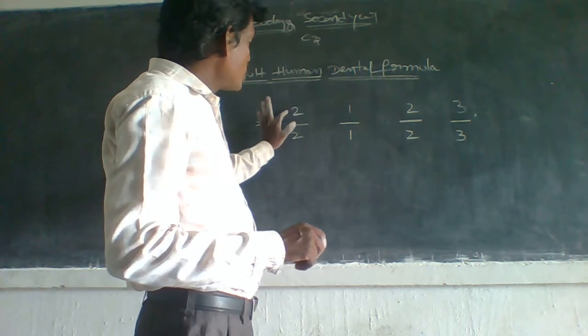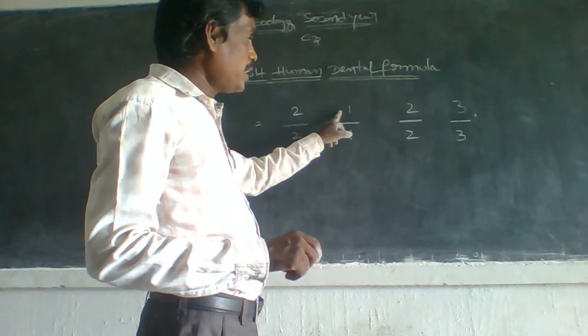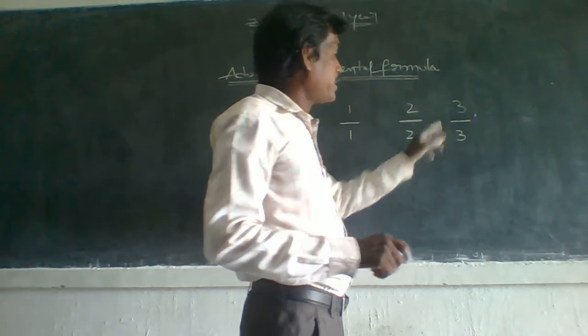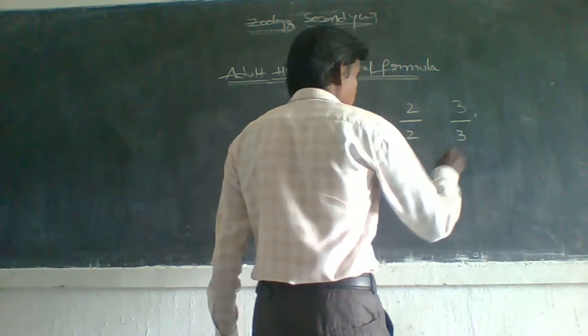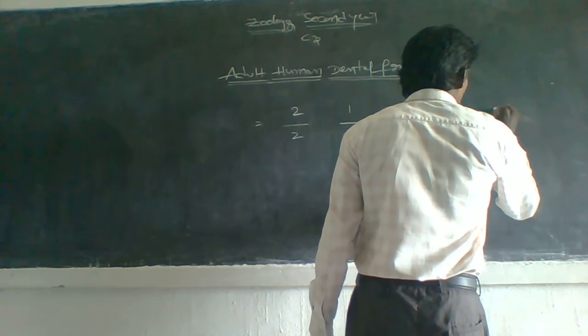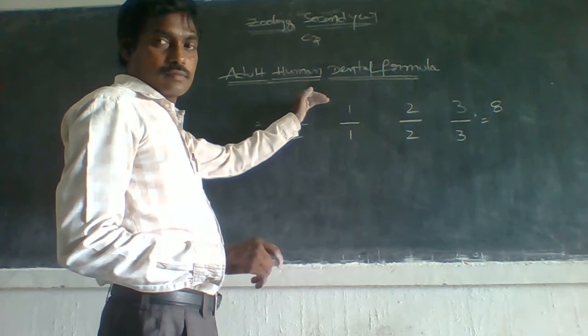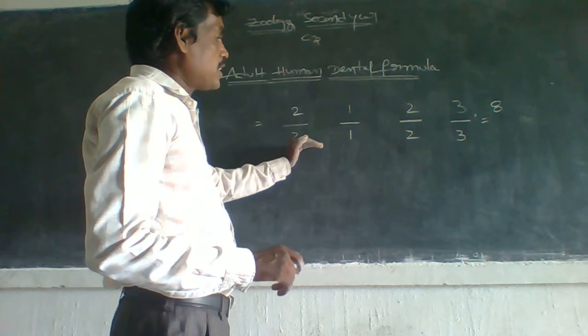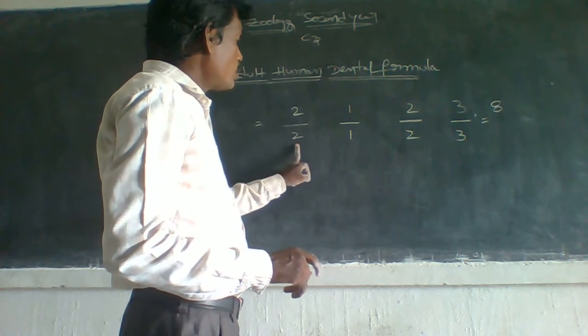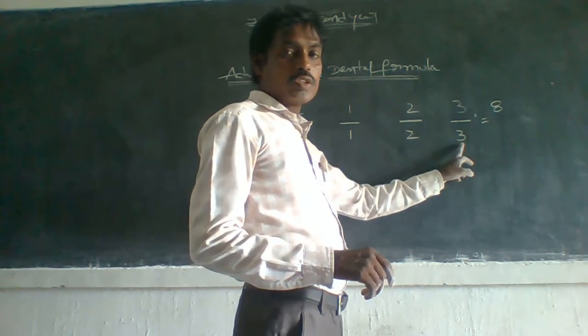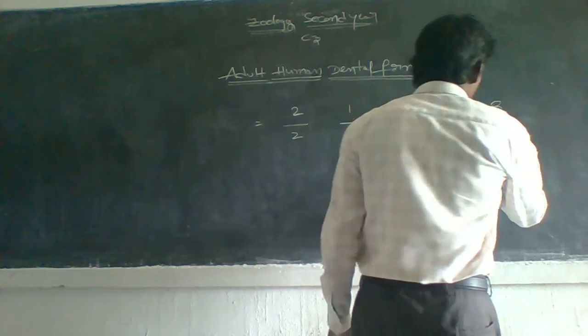Total teeth: 2, 3, 5, 8. This is the upper jaw. Next, lower jaw 8.